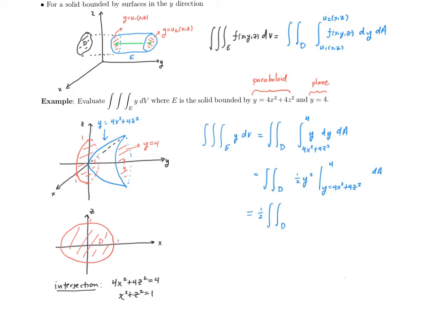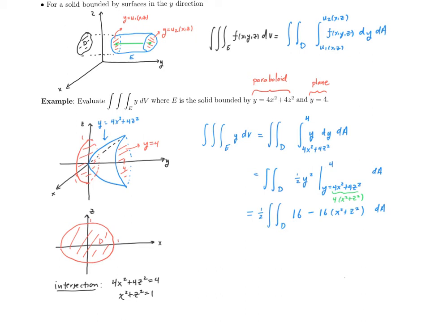And then I'm going to replace that remaining y squared with a 4, so that would be 16. And I'm going to subtract away from that what I get when I substitute in this quantity 4 times x squared plus z squared. When we hit that with a square, we'd be subtracting away 16 times x squared plus z squared.